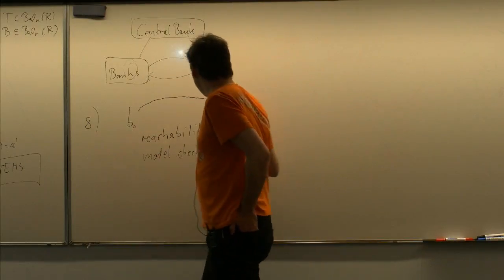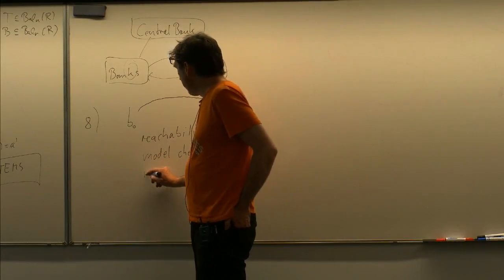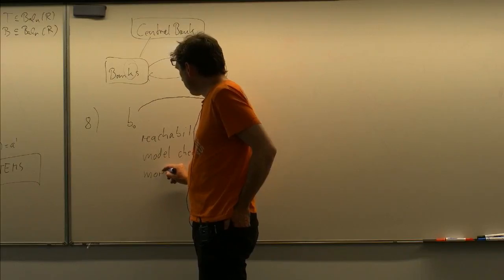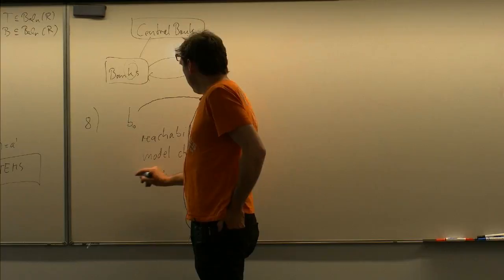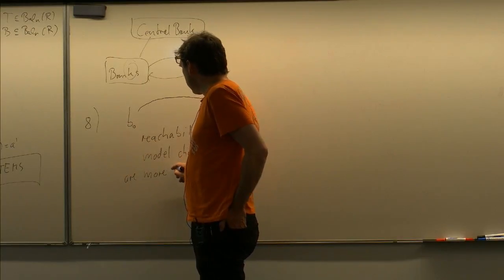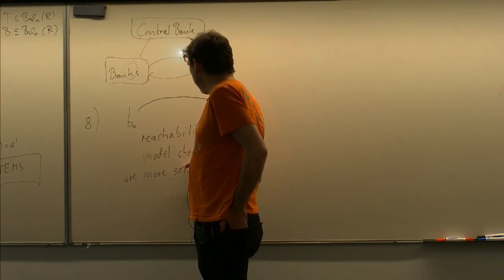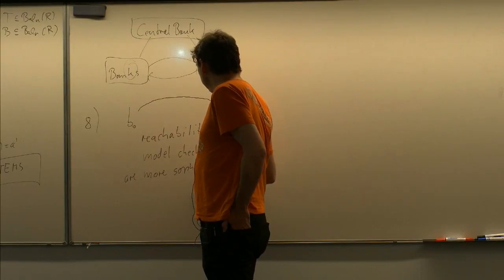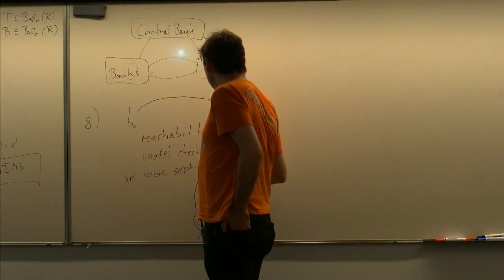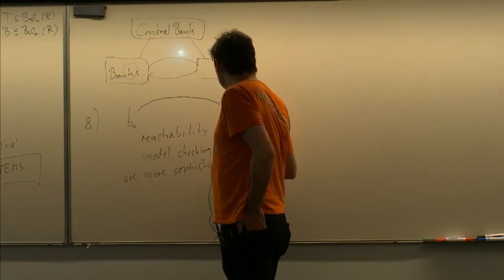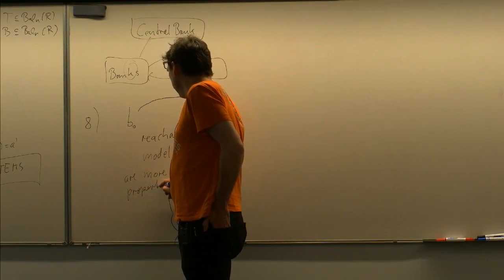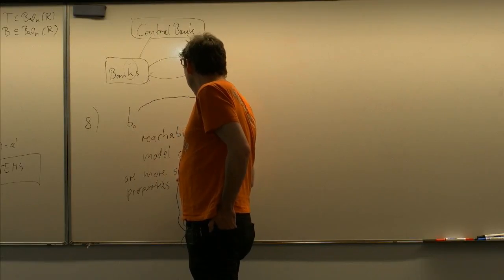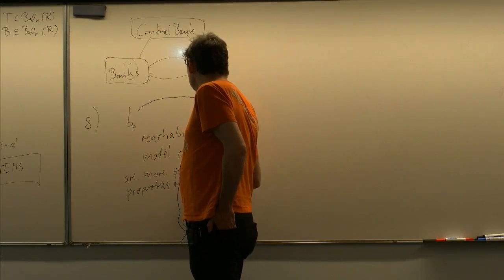So then again, that would be a question to somebody who knows something about accounting. The question here would be, are more sophisticated properties than reachability of practical interest in accounting?